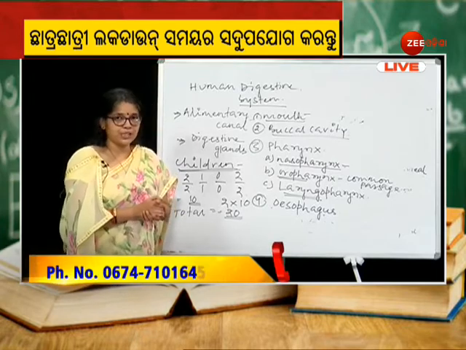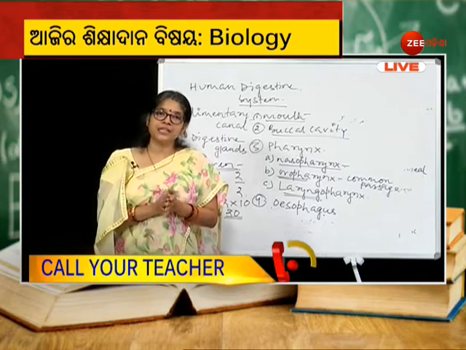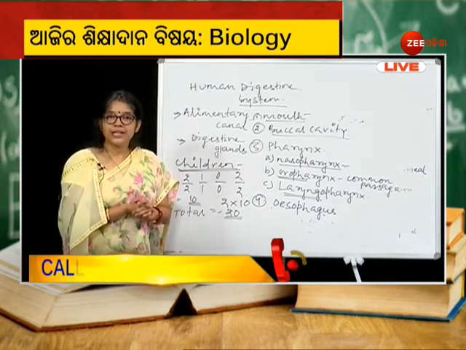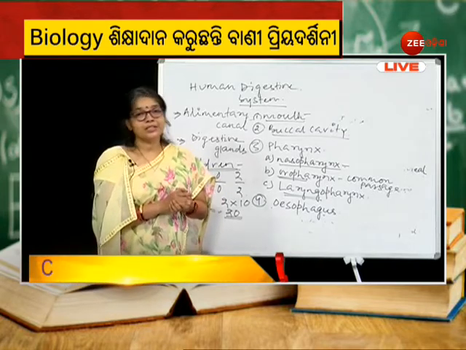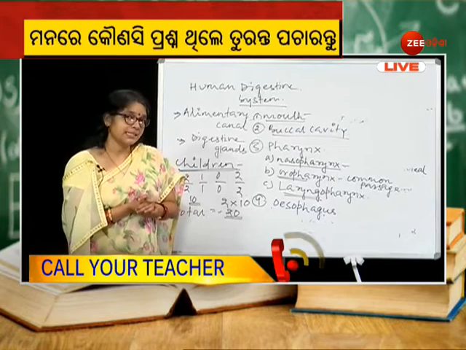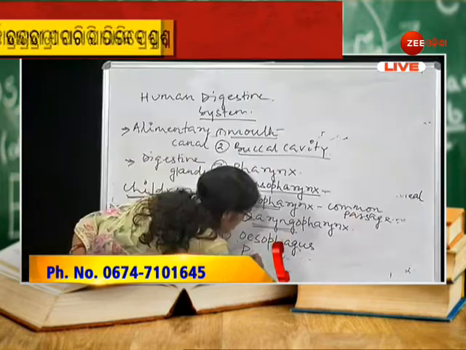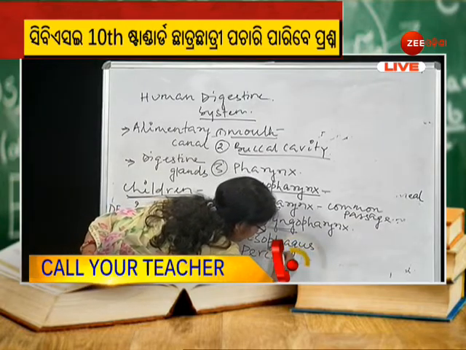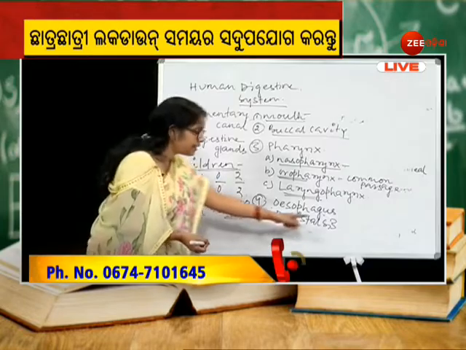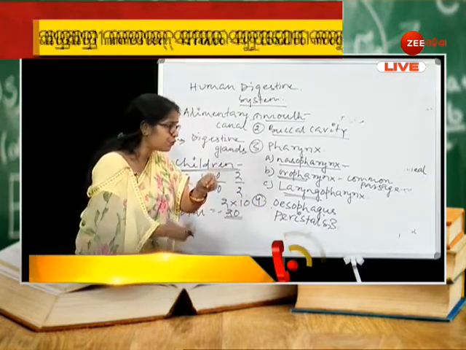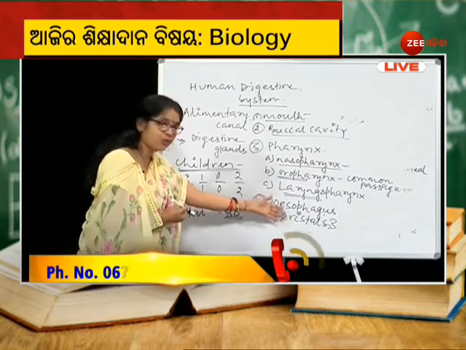It transports with the involvement of two different types of muscles, one longitudinal and another circular. The action of the longitudinal and circular muscles together is said to be peristalsis. Peristalsis is the mechanism that helps in pushing the food to the next part of the alimentary canal. So this is about the esophagus.